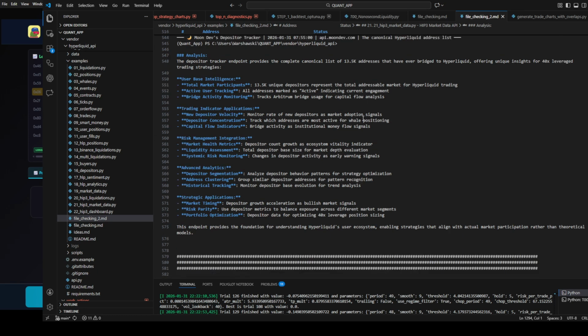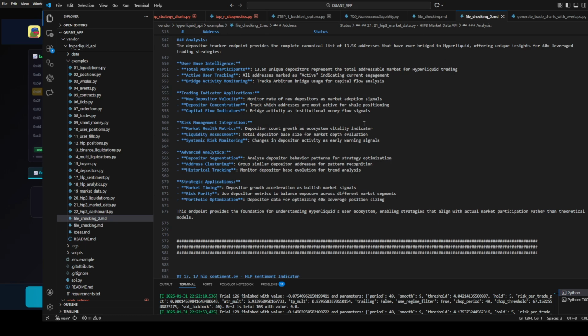Risk management integration: market health metrics, depositor count growth as ecosystem volatility indicator; liquidity assessment, total depositor base size for market depth evaluation; systemic risk monitoring, changes in depositor activity as early warning signals.